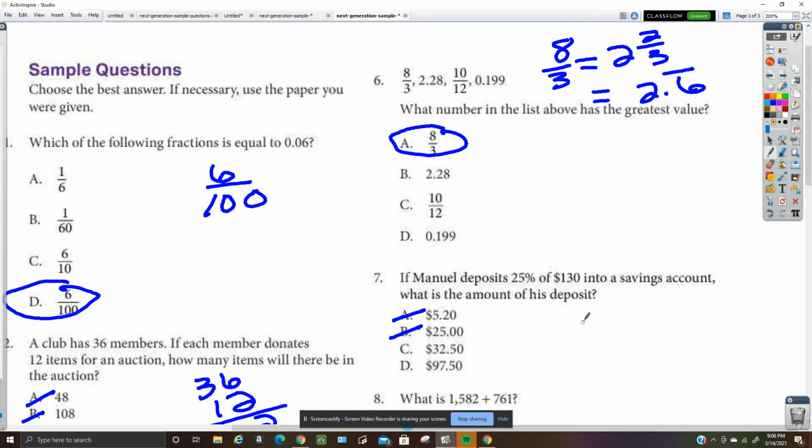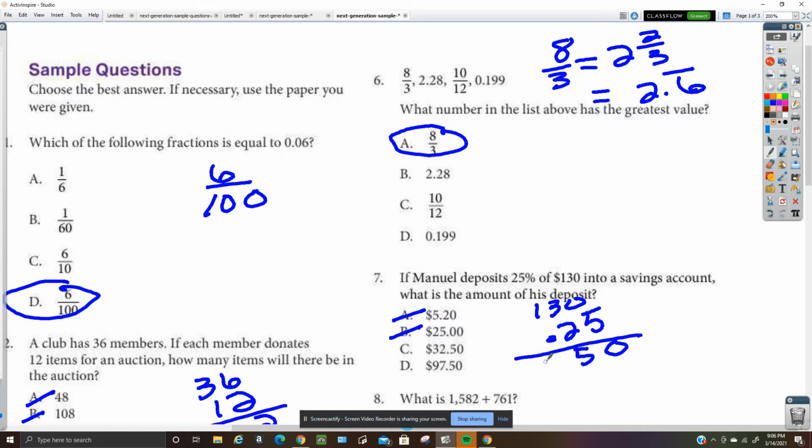So you could do 130 times 0.25. Let's go ahead and do that. Or you can just do 1/4, or divide 130 by 4, and you get the same answer. So it might be easier to divide 130 by 4, but let's go ahead and multiply this out.